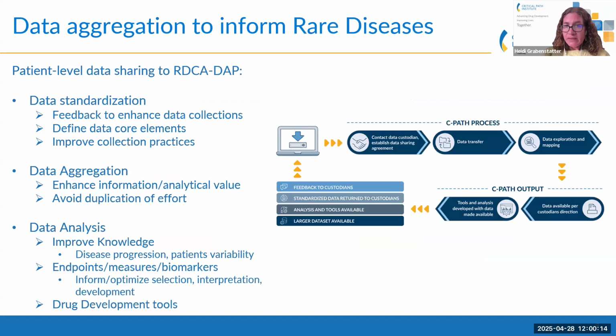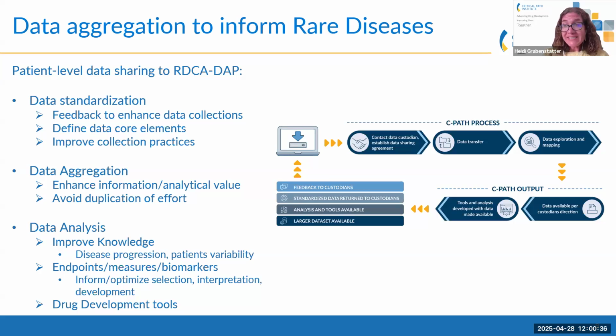And then just to reiterate that this path of data coming in, it being analyzed and feedback to the custodians, the standardization, we like to define the core elements, improve collection practices, the data aggregation enhances information and analytical value.